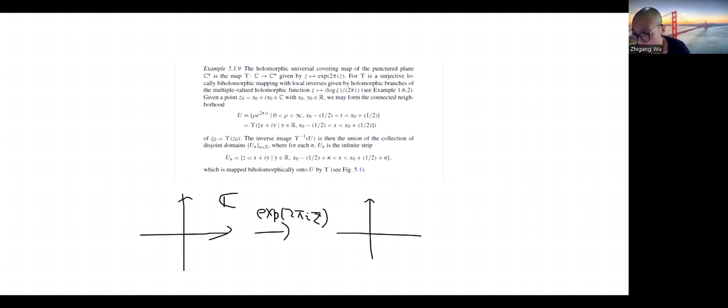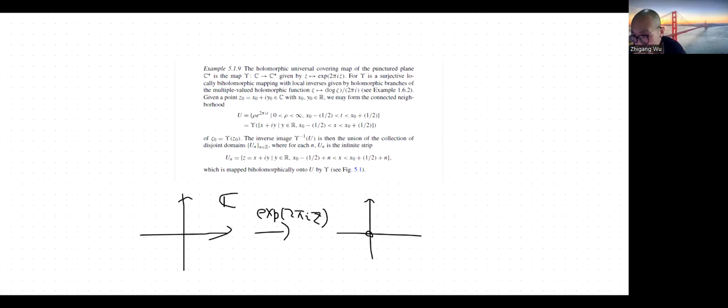Here this zero is being punctured out. This gamma is surjective and locally a holomorphic mapping with local inverses.